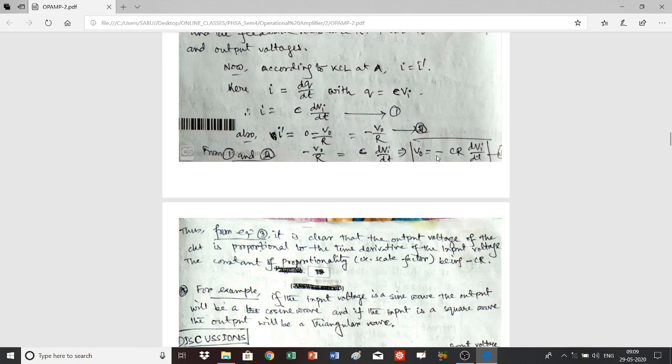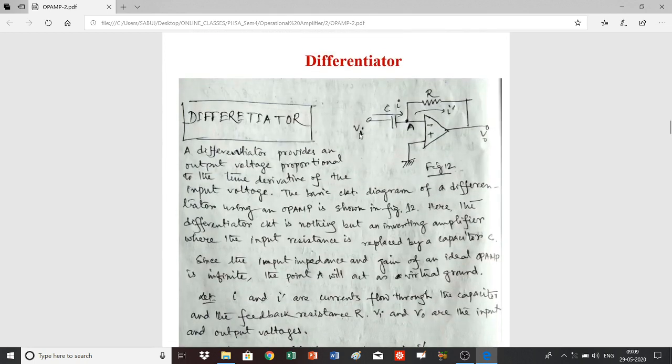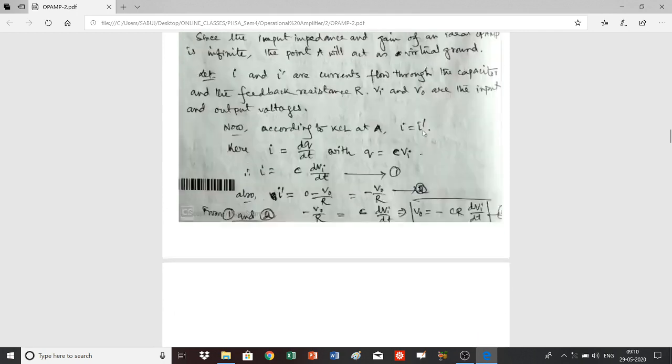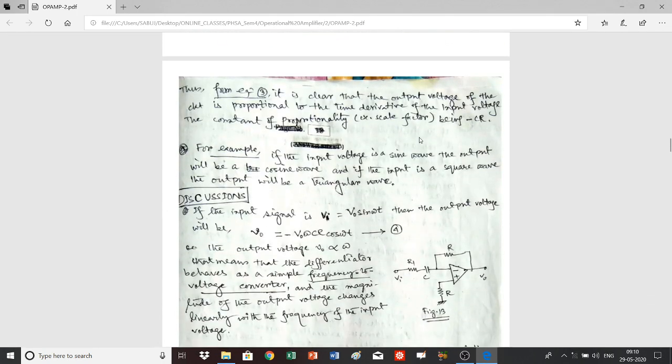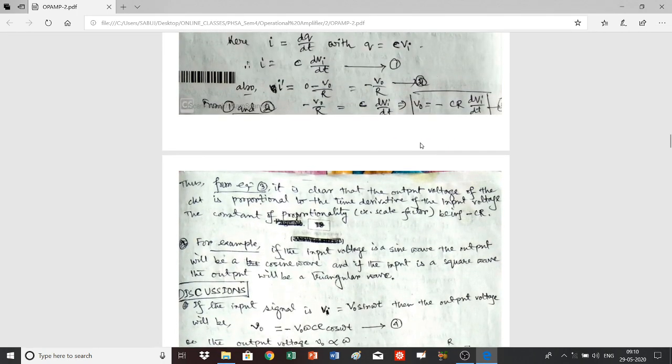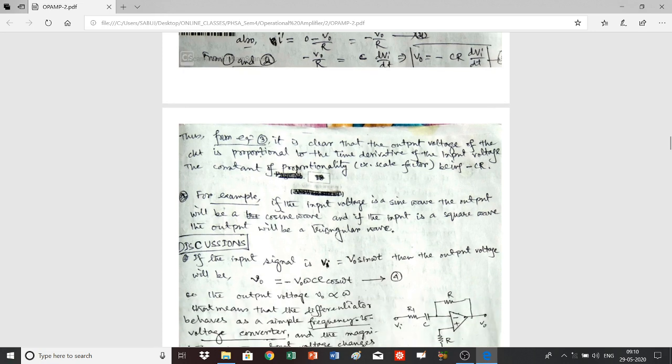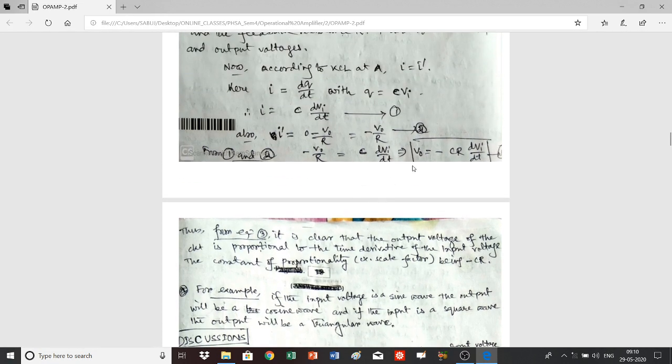Here the negative sign arises since the input voltage is applied to the inverting input terminal, and in this case the gain is equal to minus CR. Now for example, if you use input voltage as a sine wave, then the output voltage will be its derivative, that means it will be a cosine wave, or vice versa.